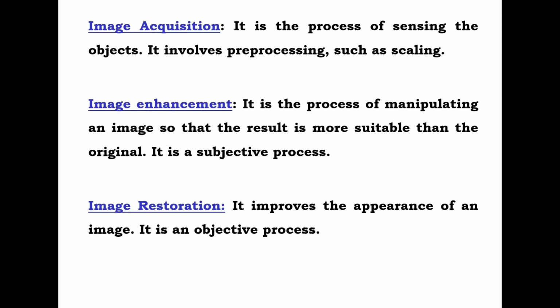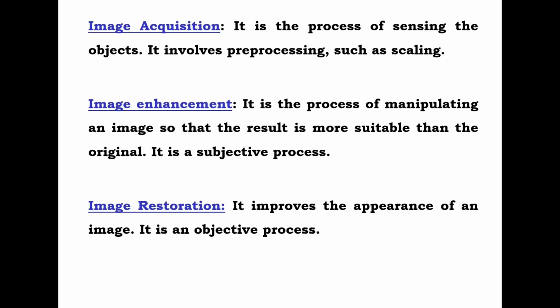Whenever we look at an image, and we say the image quality is good or bad just by looking at it with our eyes, that is called a subjective process. The next step is image restoration.